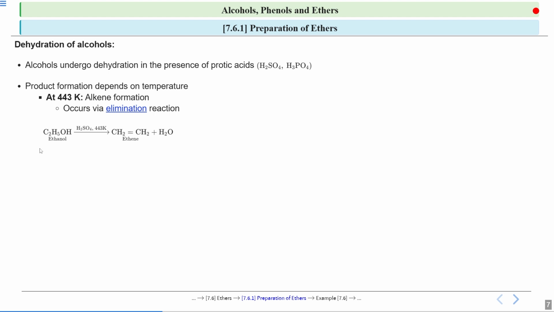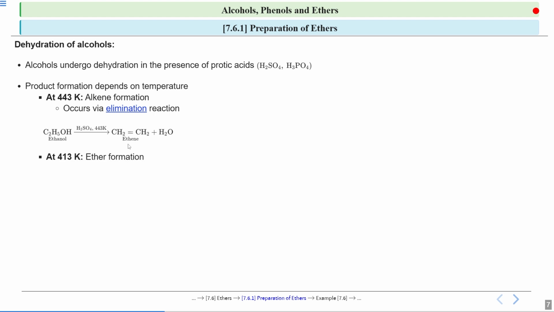Then one hydrogen from one carbon leaves as H plus from the carbon next to the carbocation, and you get an alkene. This happens when your temperature is 443 Kelvin. That is, when the OH2 group leaves, a carbocation is generated, then H plus leaves, and you get an alkene. Here it is ethene.